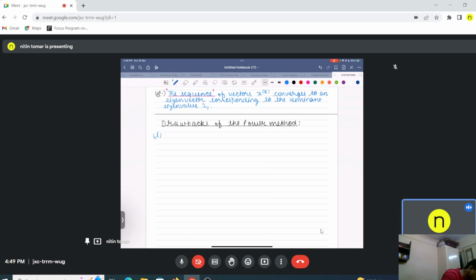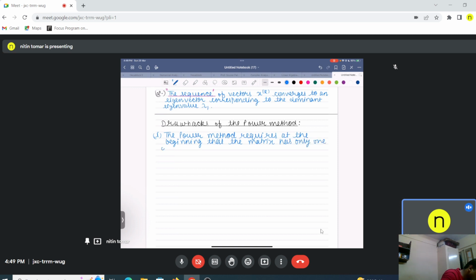First drawback is the power method requires at the beginning itself that the matrix has only one dominant eigenvalue.